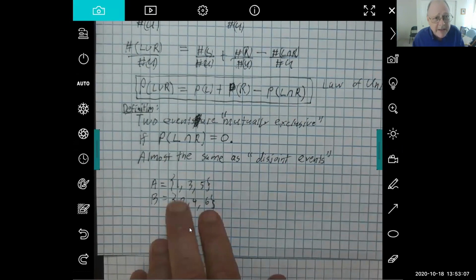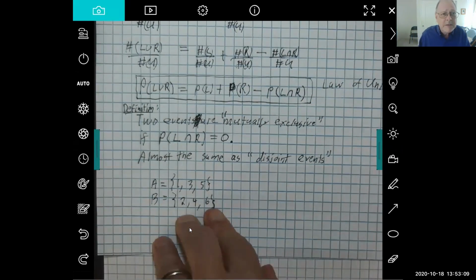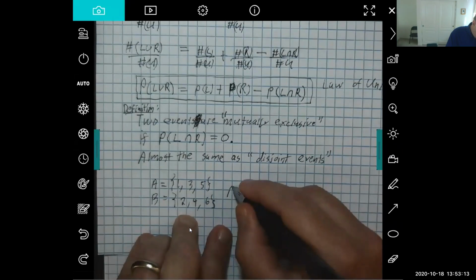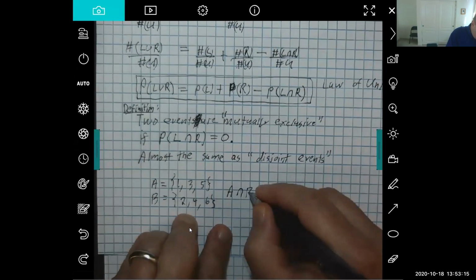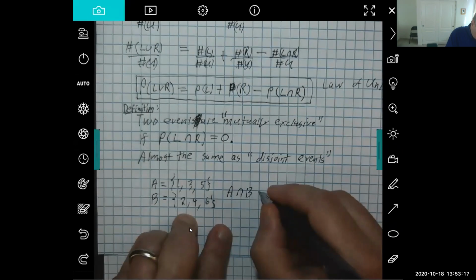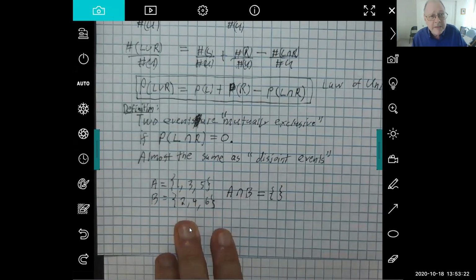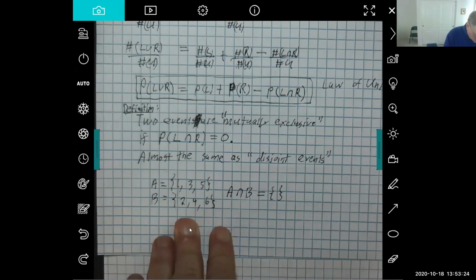So here are two sets. Those are disjoint sets. Their intersection is empty.